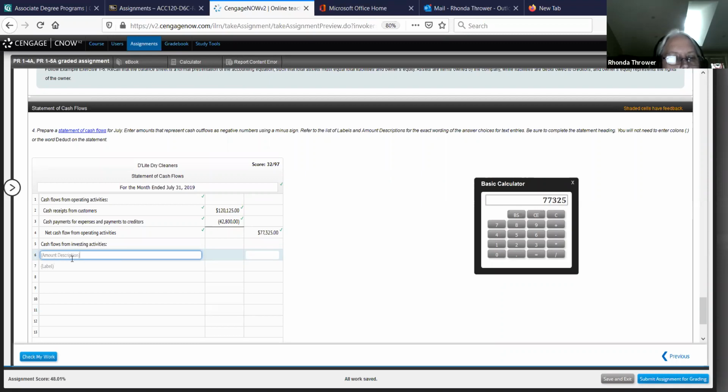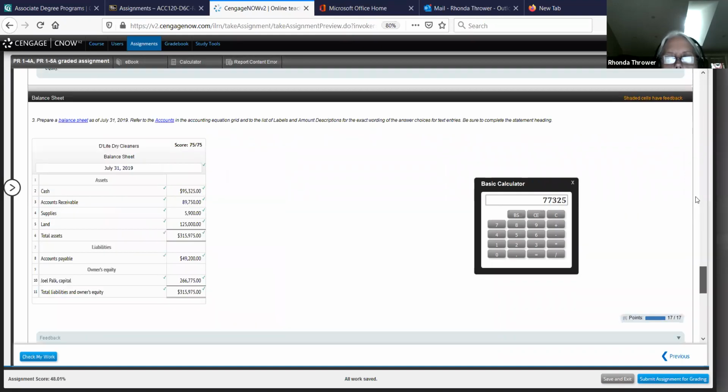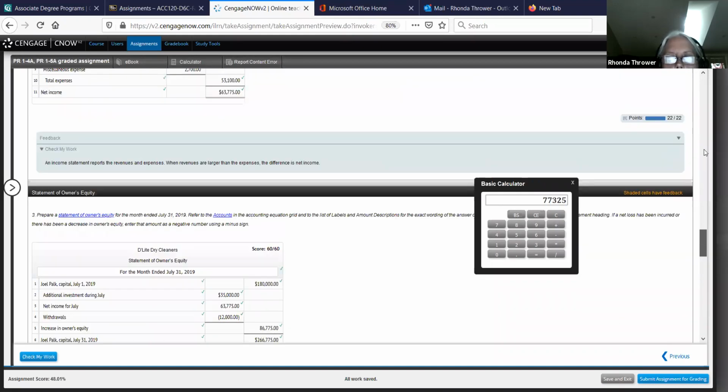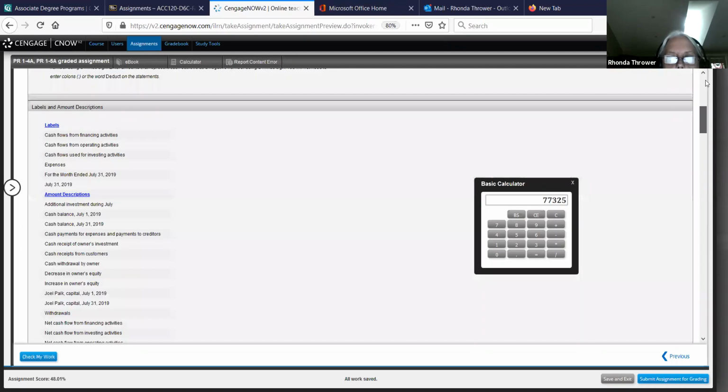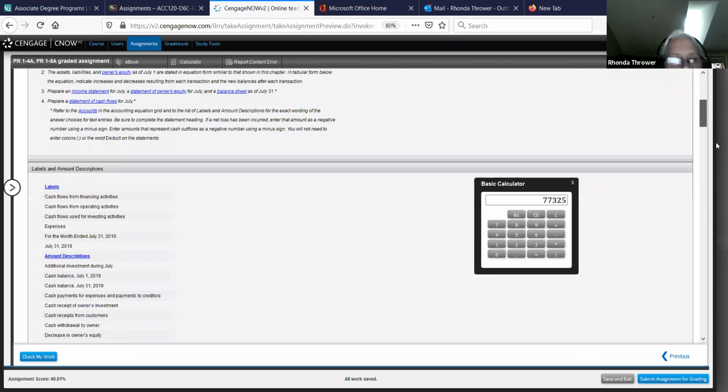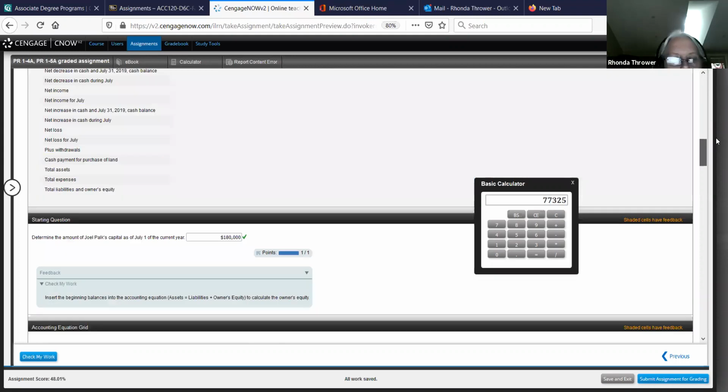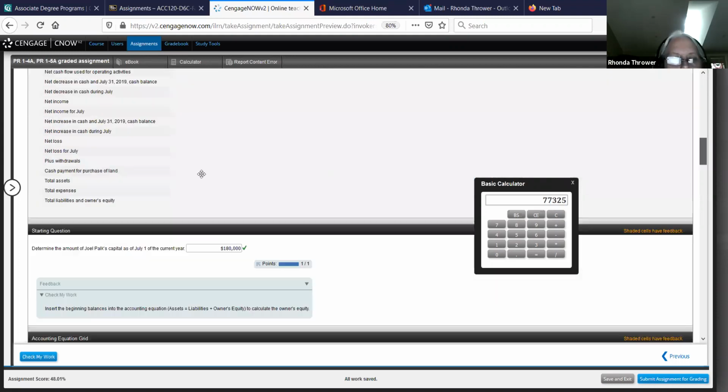The amount description that's going to go in here is only for the cash that flows from the investing activities. And the only investing activity that we had is going to be our investment in our plant assets. And y'all don't know what plant assets are yet, but you will at some point in time.